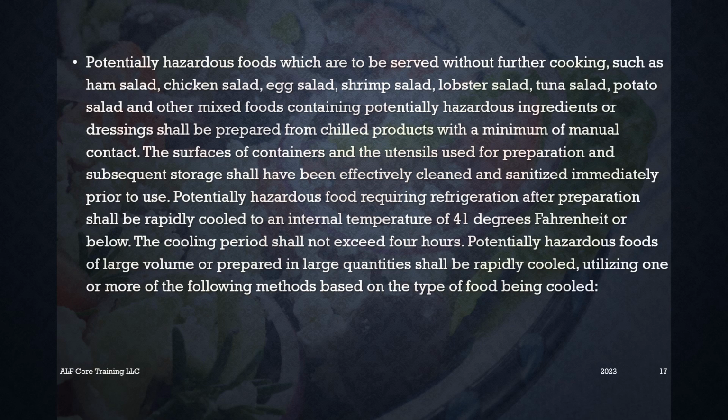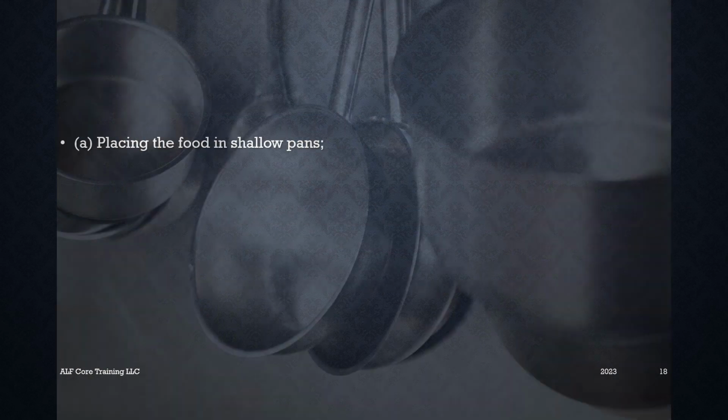Potentially hazardous food of large volume or prepared in large quantities shall be rapidly cooled, utilizing one or more of the following methods based on the type of food being cooled. Placing the food in shallow pans.